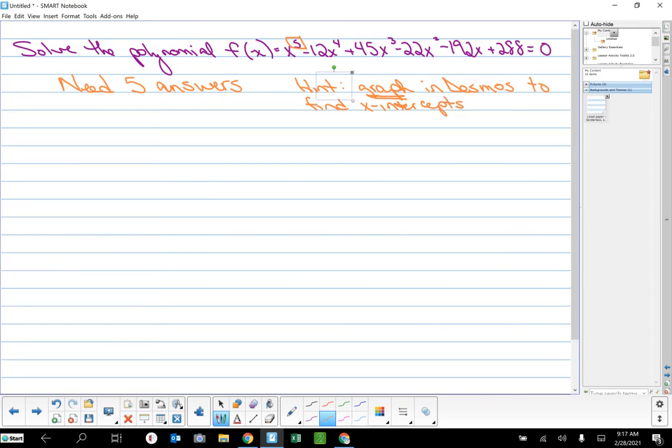That will save you a ton of time, because your other option is to find p's over q's. And granted, your q is only 1 here because there's a 1 in front of the x to the 5th, but you're going to have like 500,000 p's because 288 is going to have a lot of factors. So if you go graph this thing in Desmos, which I will hook up my laptop and go do, I'll show you how that's going to actually work.